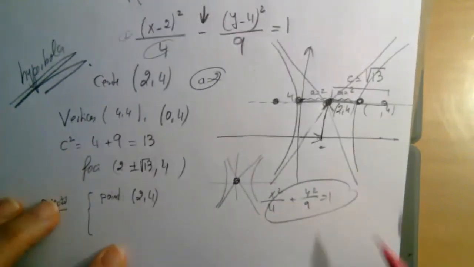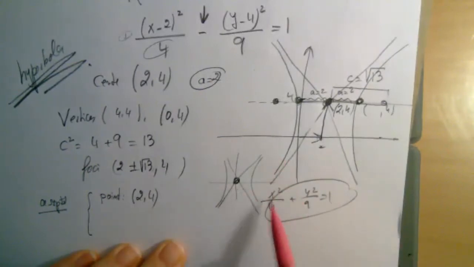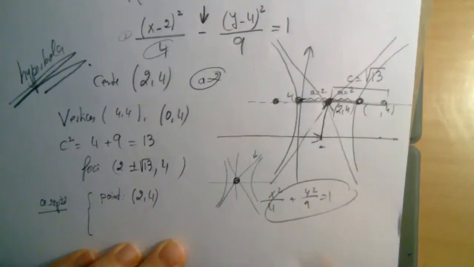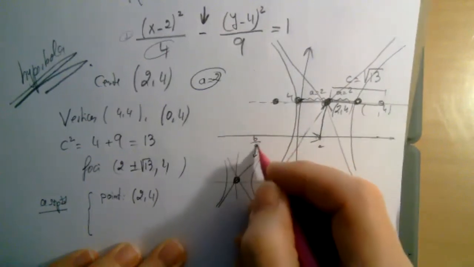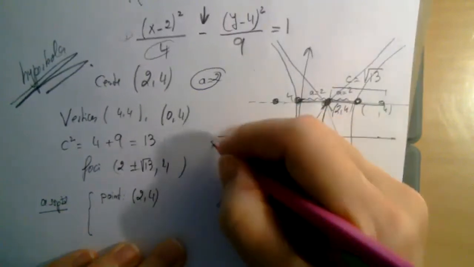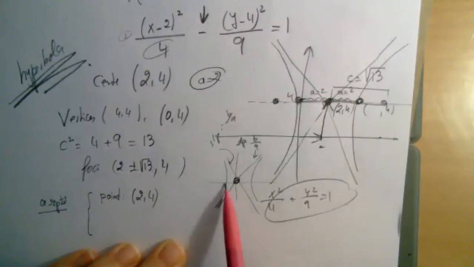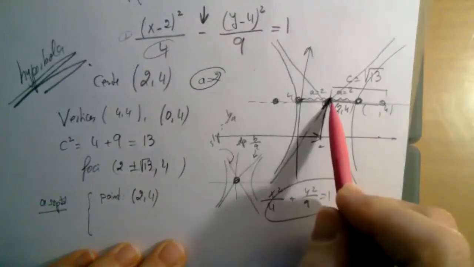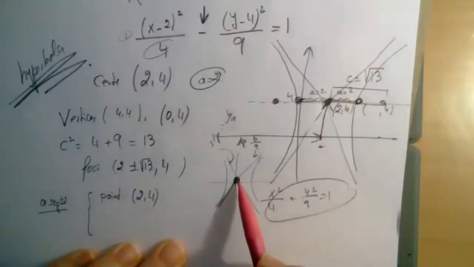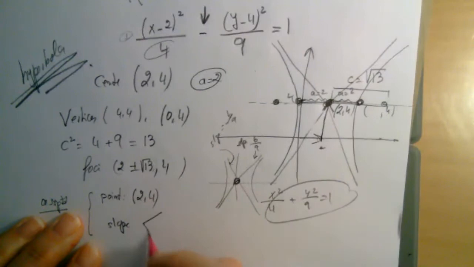Now for the slope, the standard one, the one centered at the origin, we have 2 slopes. This is b over a, that's the slope here. And this one, the slope is minus b over a. When we shift so that the center is 2, 4, the slopes are not going to change because they are parallel to those. So we have 2 of them, depending on the line.